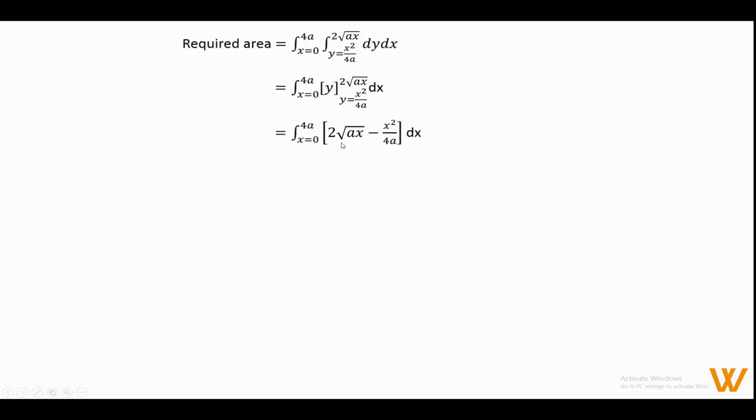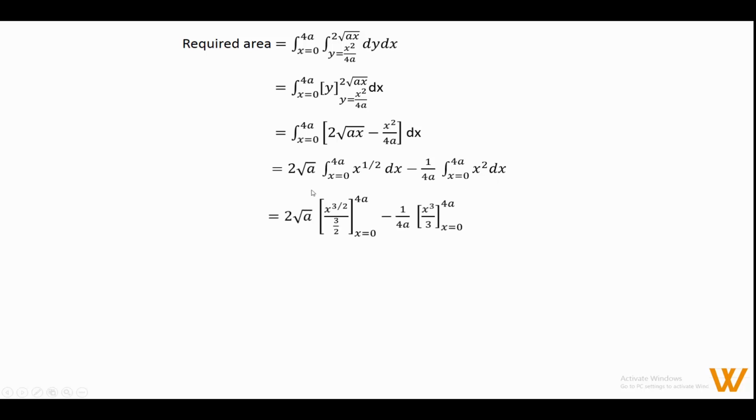Therefore is equal to, we get separate into two integral. In first integral, 2 root a constant out of the integration. Integration x varies from 0 to 4a, root x means x raised to 1/2 dx, minus of in second integration 1 upon 4a constant, integration x varies from 0 to 4a x square dx is equal to 2 root a.